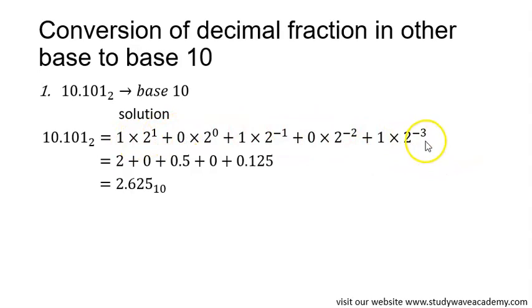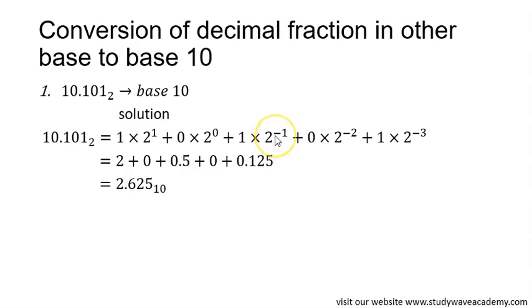Good. So next we'll solve further. 1 times 2 raised to power 1 is 2, right? We are now used to this process. So we have 2 plus 0 times 2 raised to power 0 is 0. Anything times 0 is 0, so plus 0. Plus 1 times 2 raised to power -1. Remember our law of indices, the negative exponent law?